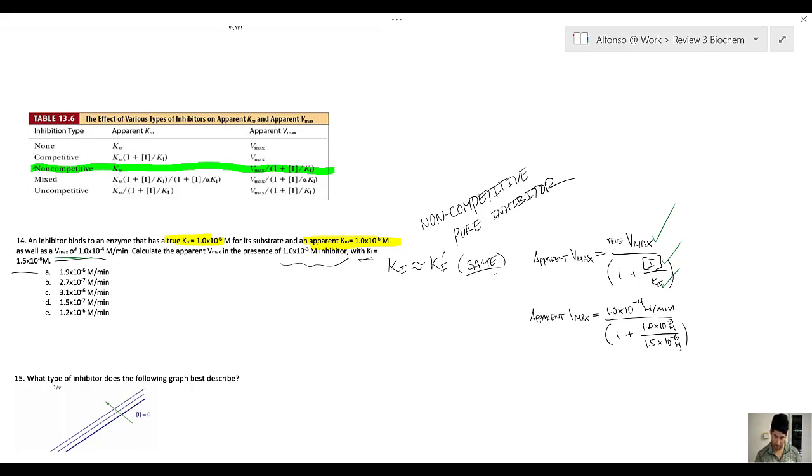And we got 666, which is a great number. Plus 1, that's 667.66.